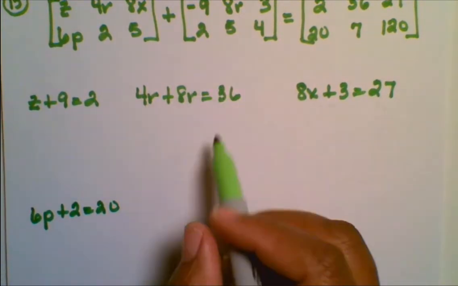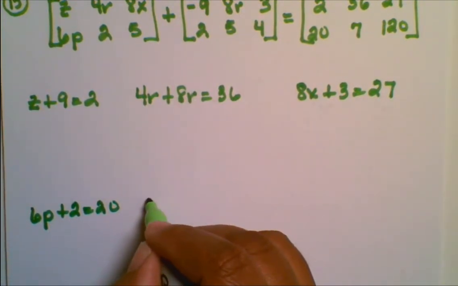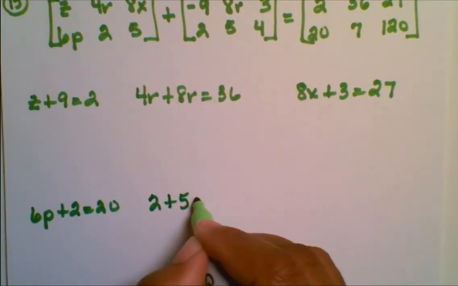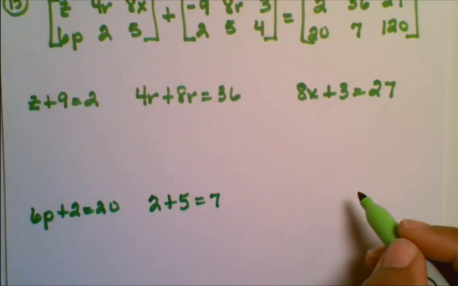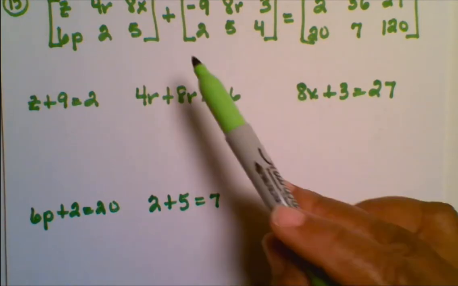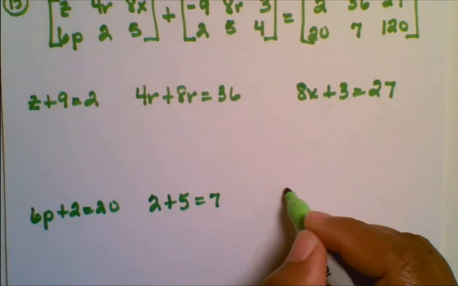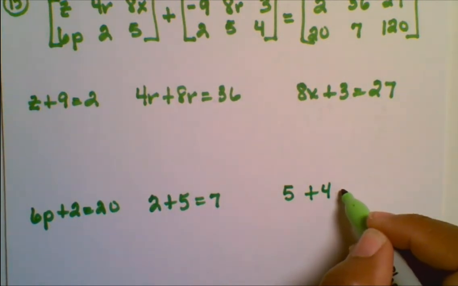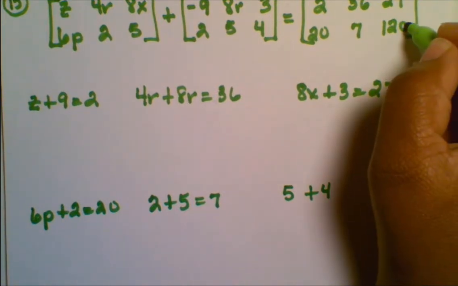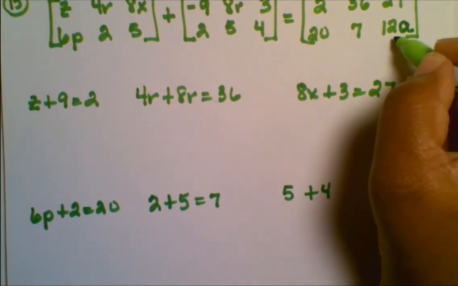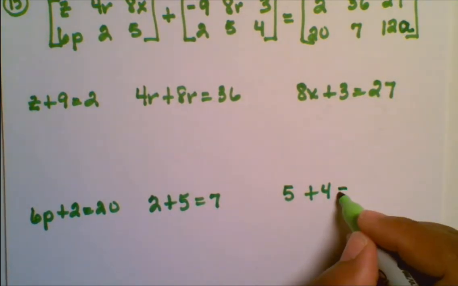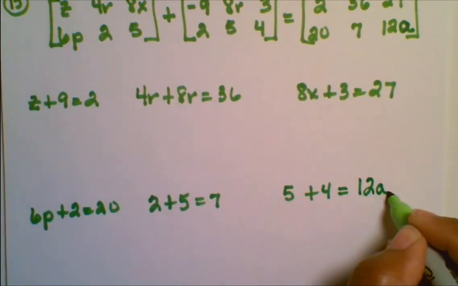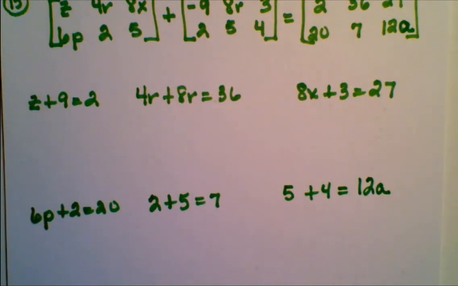Second row, second column, we have here 2 plus 5 equals 7. And then second row, third column, we have 5 plus 4 is equal to, and let's change this right now while I'm looking at it. Make this 12A is equal to 12A. That's a typo on my part.